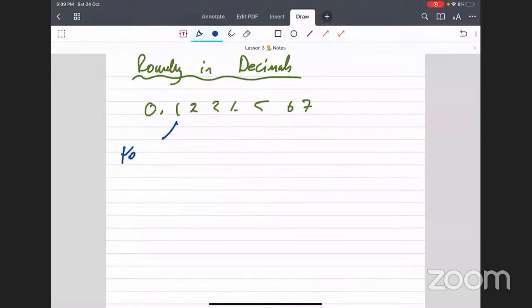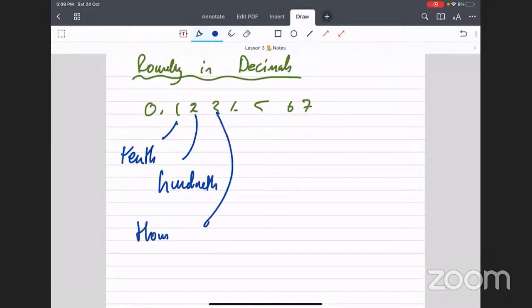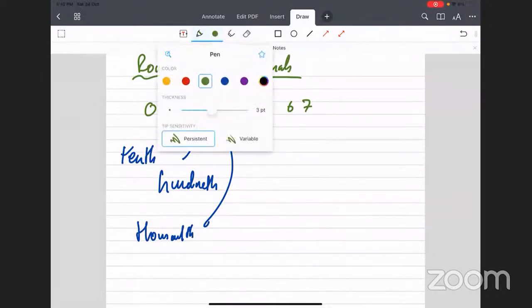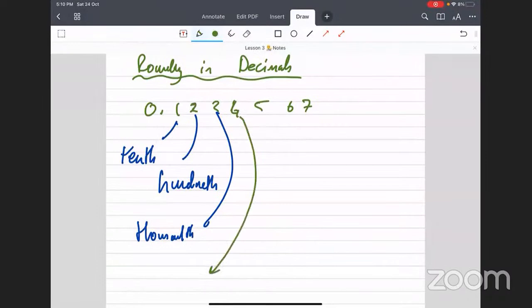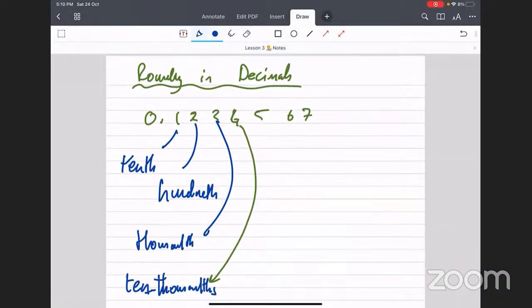Okay, this is the tenth. This is the hundredth. Thousandths. Then ten thousandths. So I messed up. This is the units.